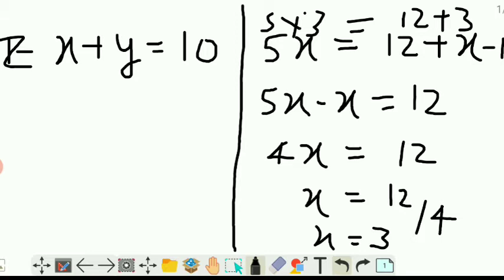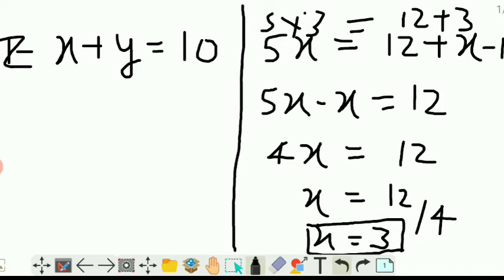So a linear equation in one variable gives only one unique solution. If in place of x we put any other value, the equation will not be satisfied.